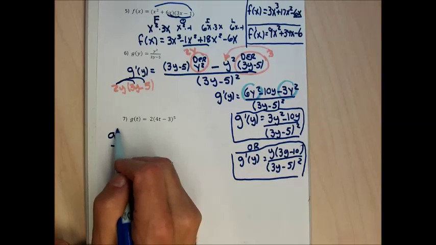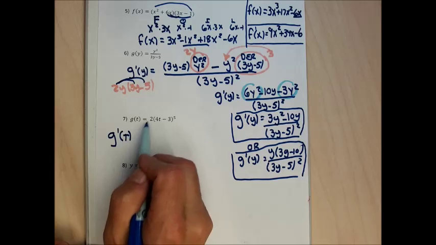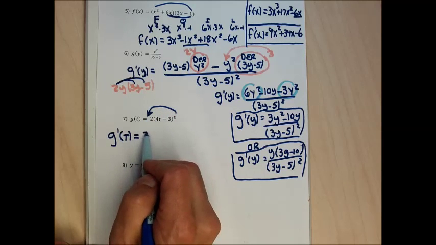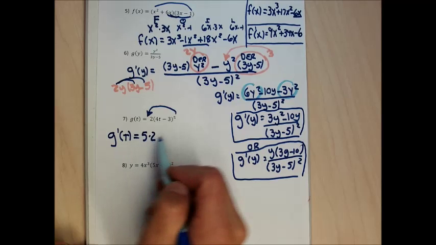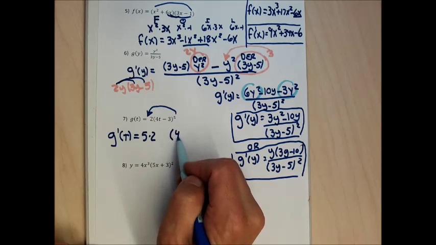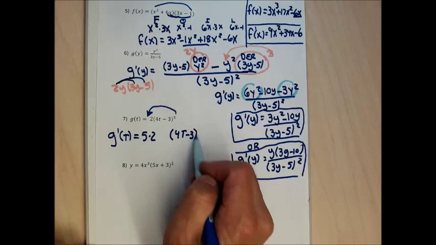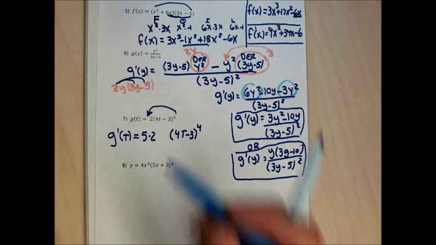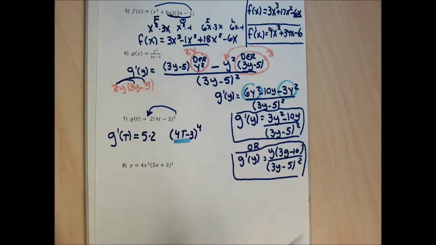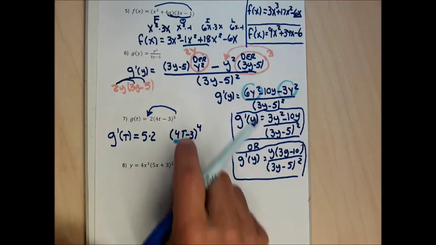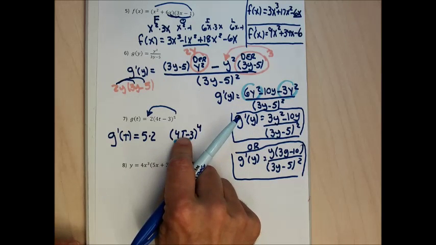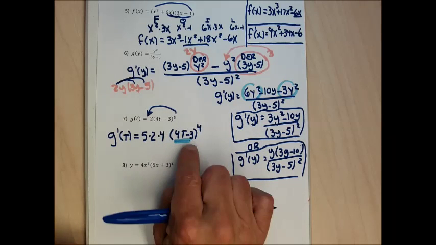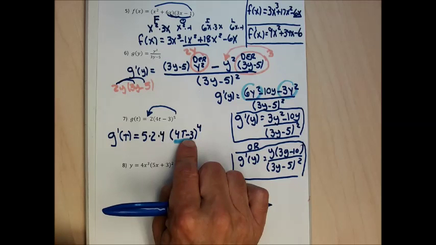So I'm going to write g prime of t. I'm going to take the 5, multiply it by the 2, leave myself some room. I'm going to lower the exponent from 5 to 4, and where I left that room, I'm going to put the derivative of each term inside the parentheses. The derivative of 4t, because it's a first power term, is just the coefficient of 4, and the derivative of minus 3, because it doesn't have a letter, is 0.